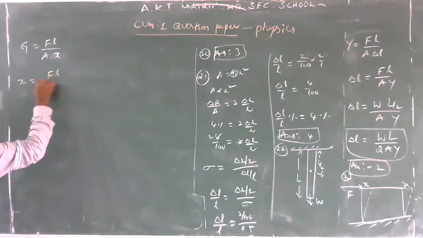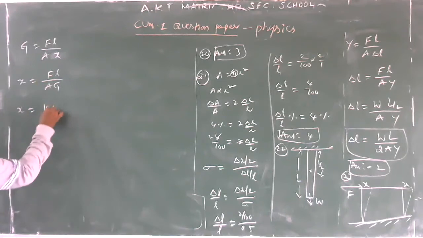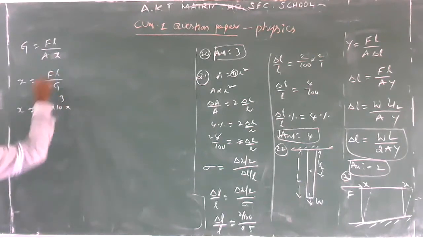is equal to FL by A into x, so x is equal to FL by A into G. How much force is applied here? 10 kilonewton, which means 10 into 10 to the power of 3 Newton. Next, what is L here?